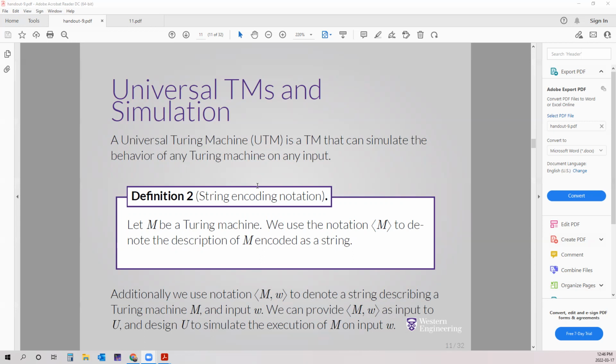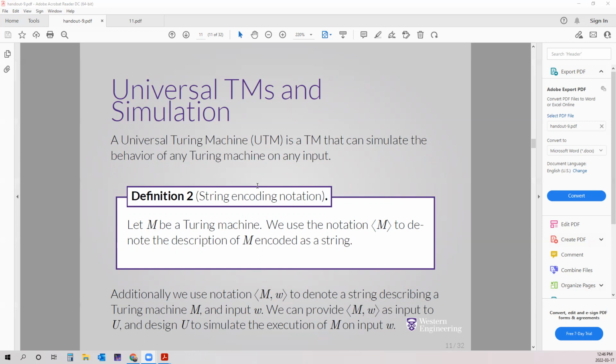For example, if we have a Turing machine called M, we use the notation ⟨M⟩ to denote the description of M encoded as a string.